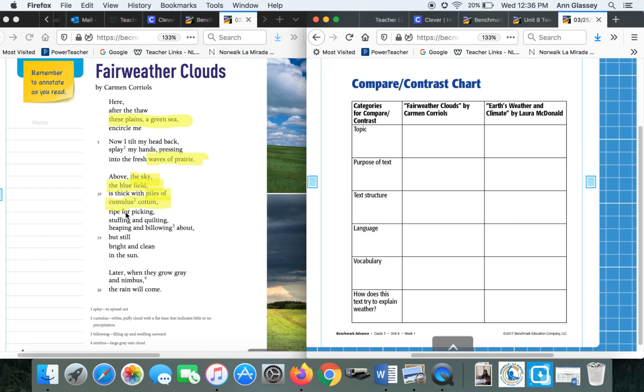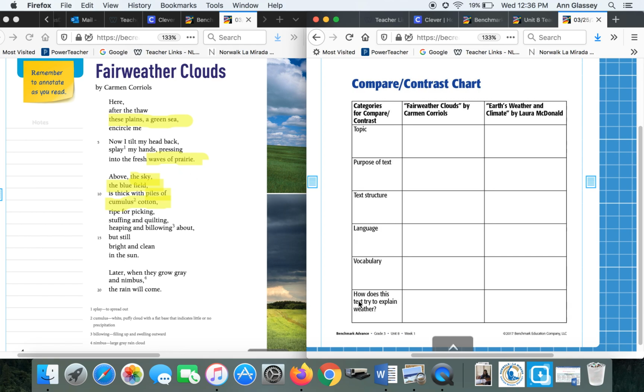Are there literally piles of cotton in the sky? What kind of vocabulary is used? Is there any science vocabulary? Are there adjectives that describe nouns?